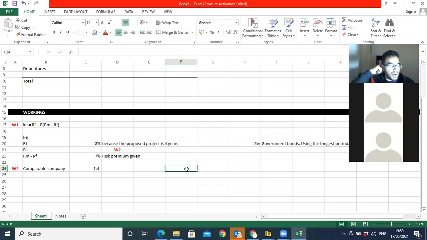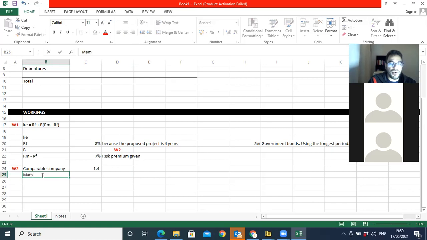You will look at the scenario and put in different things. One of the obvious differences between Mambo and the comparable company is that Mambo is not listed. Not being listed is unfavorable.